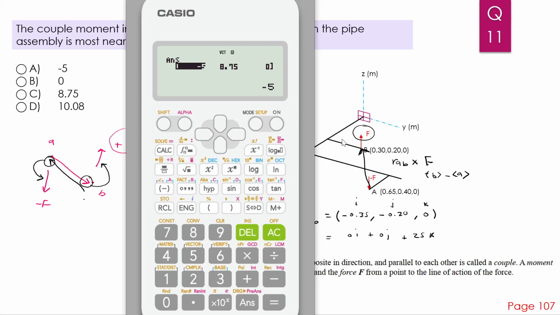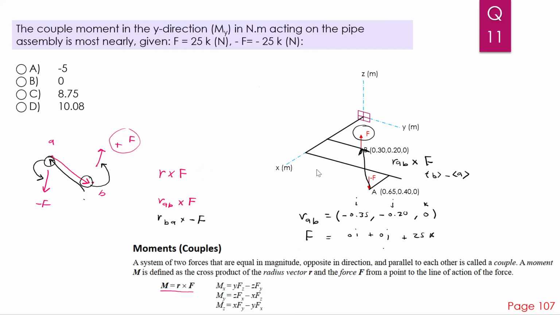So the answer is negative 5, 8.75, and 0. So RAB cross F equals negative 5I plus 8.75J plus 0K. That means this is the moment in the X direction, this is in the Y, and this is in the Z direction. For us, we need the one in the Y direction, which is 8.75. That is C.